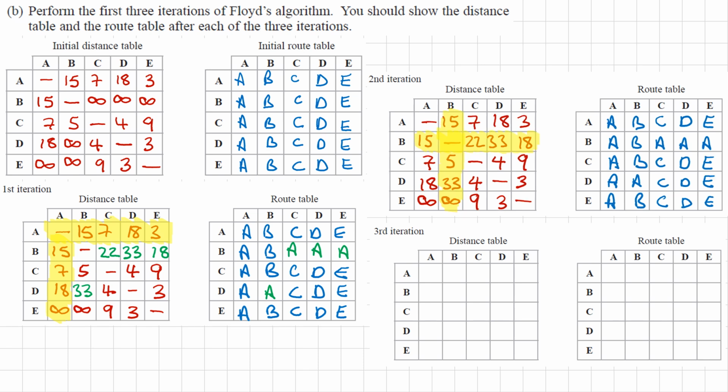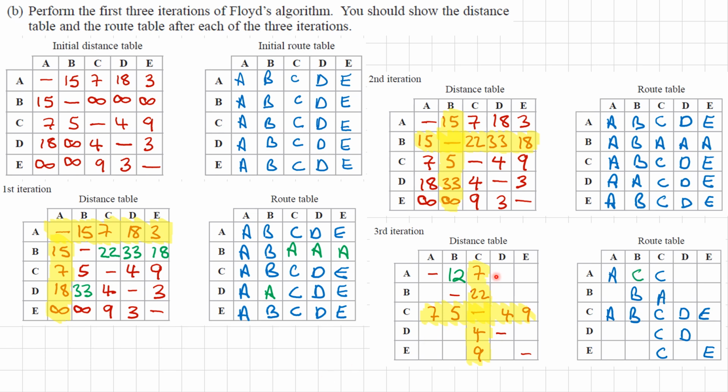Now let's copy down the third row and column and the diagonals from the previous tables ready for the third iteration. We'll highlight that third row and column, and then here we'll do 7 plus 5, which is 12, which is less than 15, so we have a change, first one for a while, to 12 for that value, which means we're going to change this letter here to C because that's the row and column that we are now using.